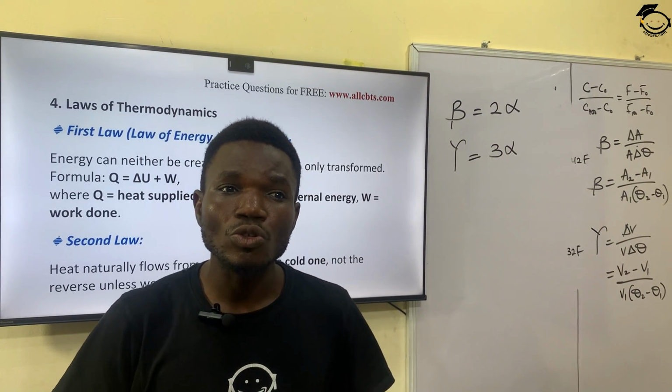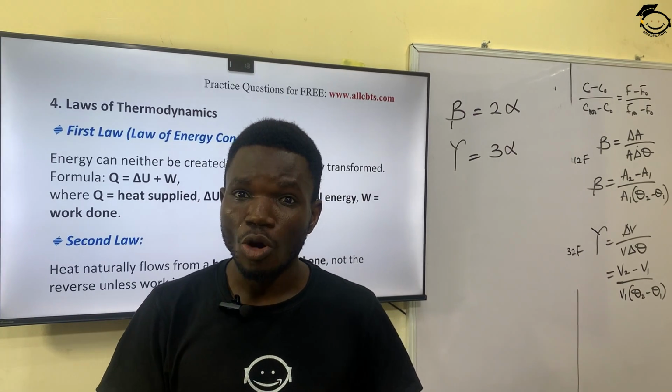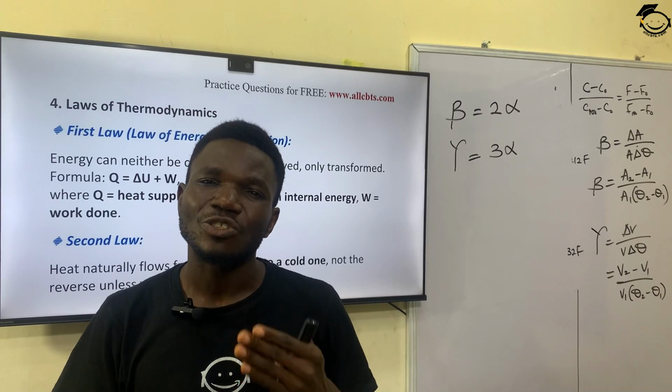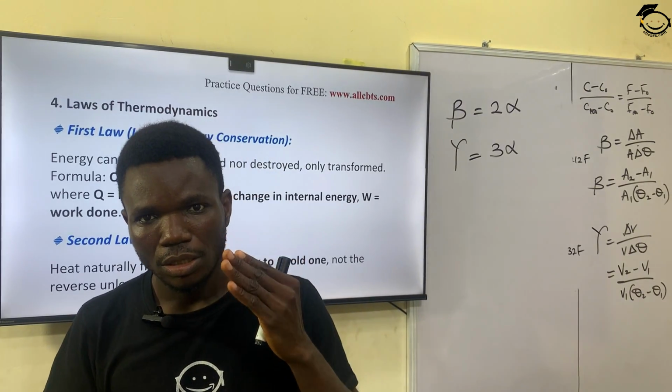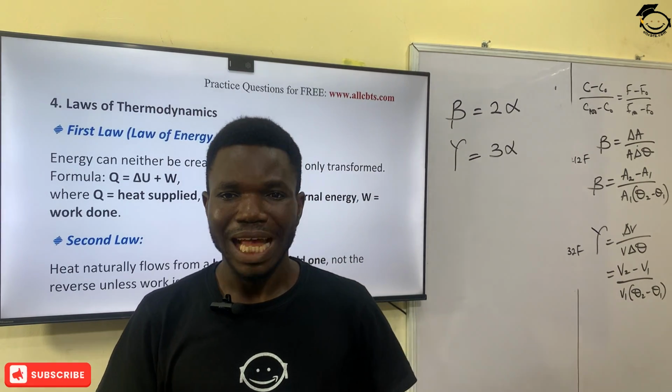The hot body has to lose heat to the cold body, and the cold body has to absorb the heat in order to become hot. So that is how it naturally flows in life, and that is the second law of thermodynamics.